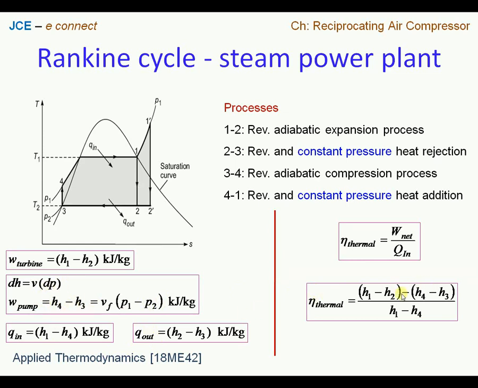Therefore one can take this H4 minus H3 to 0. In that case we have work done by the turbine divided by the heat supplied. So this becomes the final equation when we neglect the pump work. So these are the important equations when it comes to the Rankine cycle representing the steam turbine.